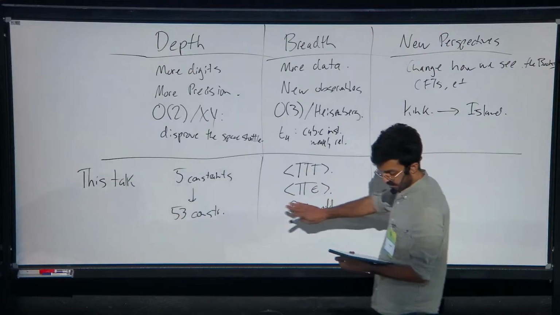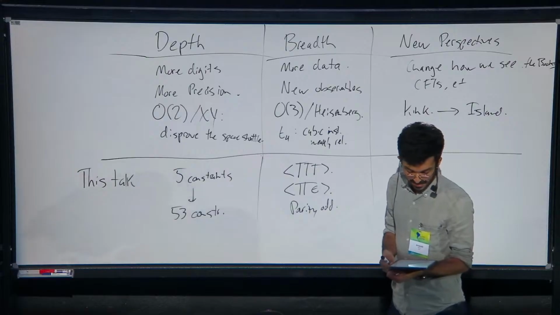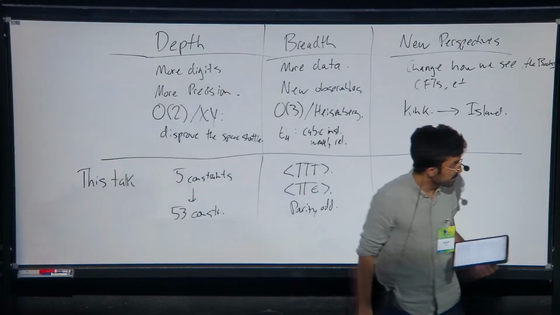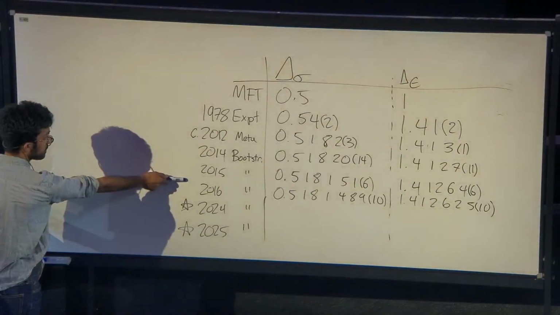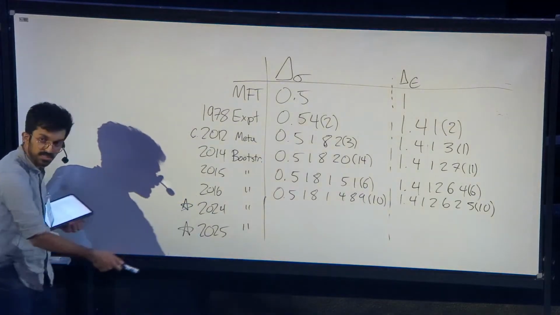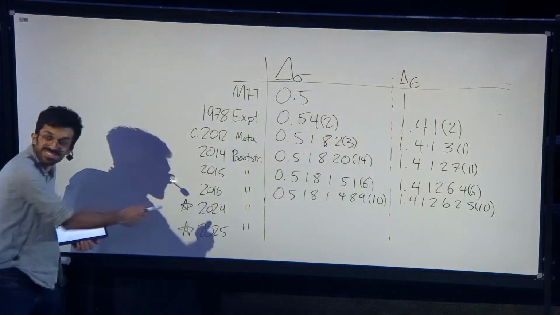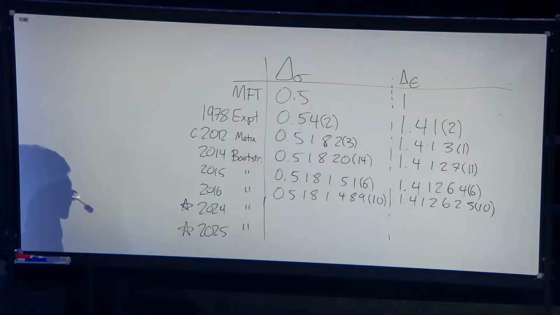So with that said, I want to go into another historical aside, which is to say that you'll notice that in this line of progress for the Bootstrap, which started around here, this progress went until 2016, and then there's a gap. There's an 8-year gap. Why did that happen? Well, in part because the 2016 work was very, very good.